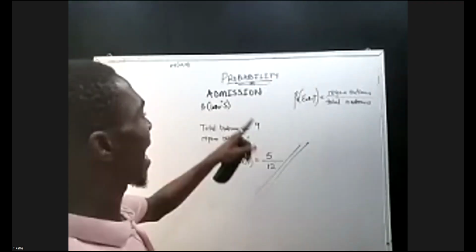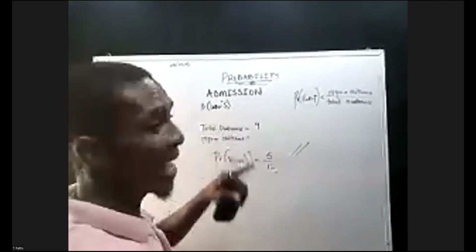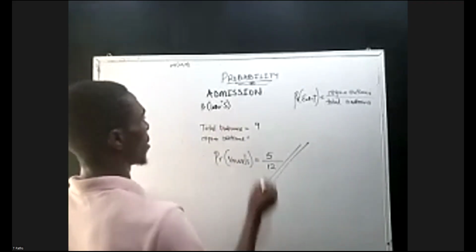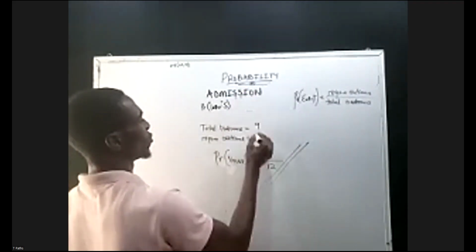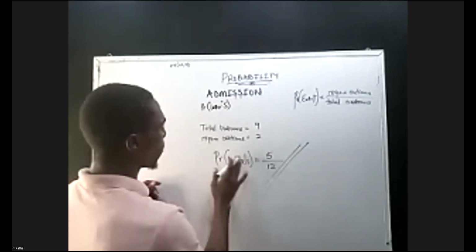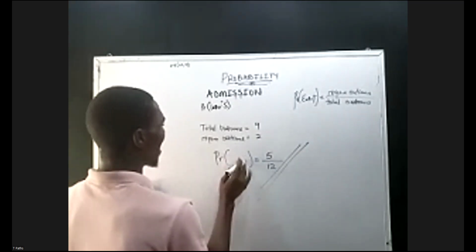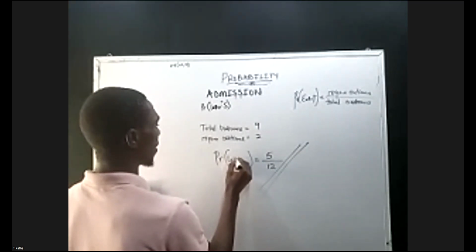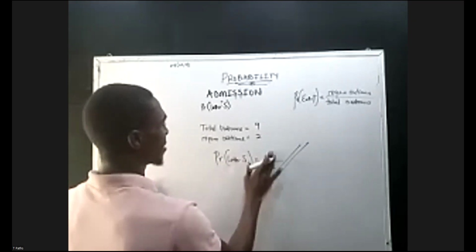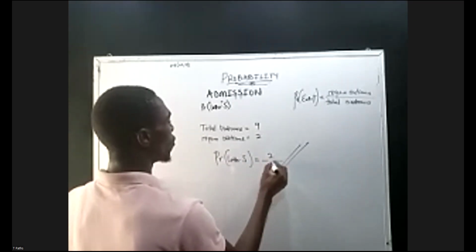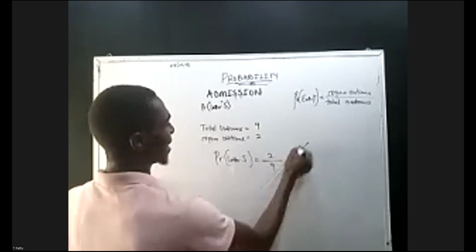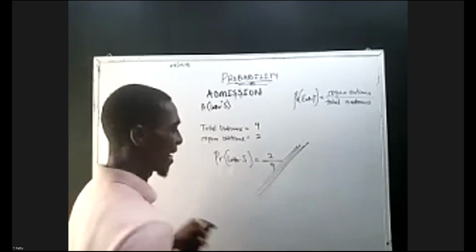Required outcome, letter S. How many letter S can you find in the question? 1 and 2. So we have 2. So the probability of picking letter S is what? 2 over 9. And that's our final answer.